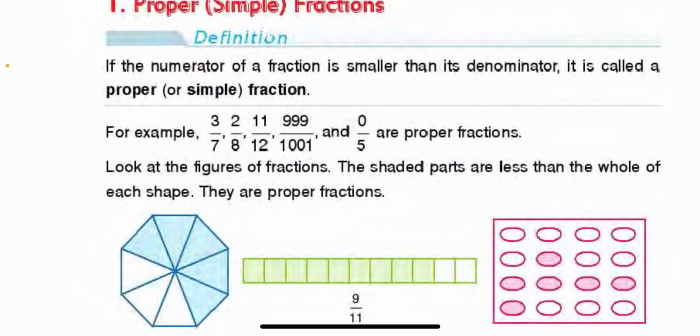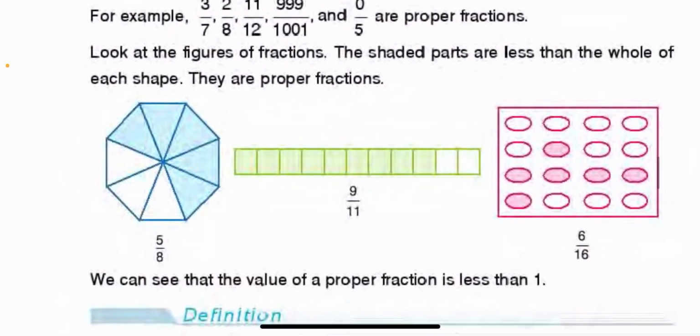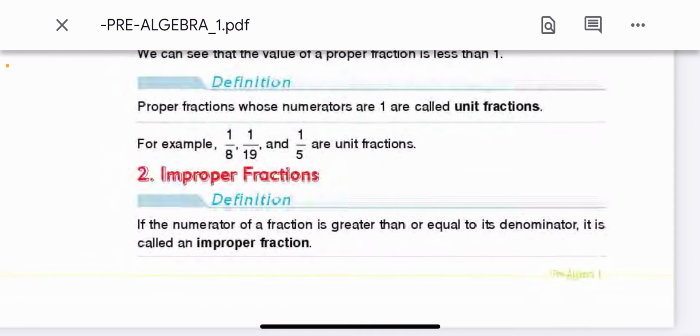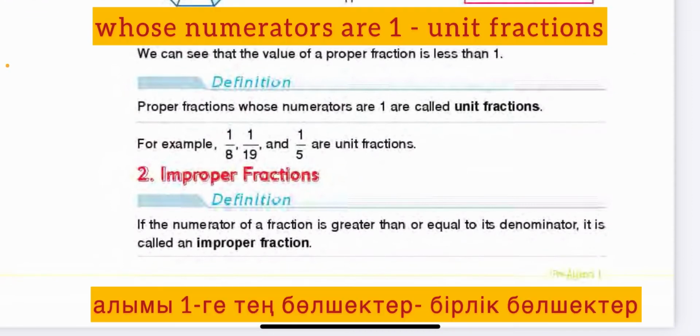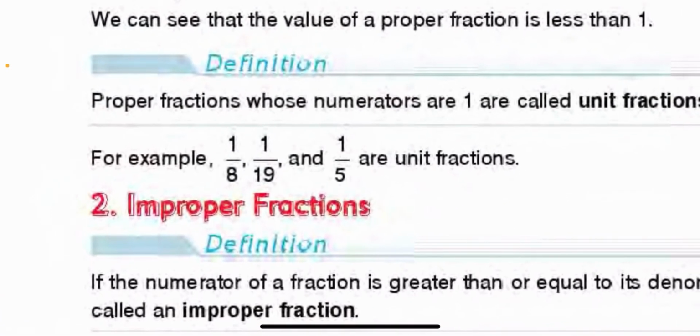These are all proper fractions. Proper fractions whose numerators are 1 are called unit fractions. 1/8, 1/19, 1/5. These are called unit fractions.